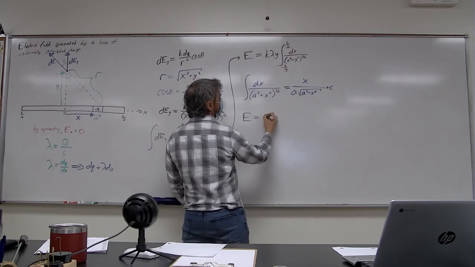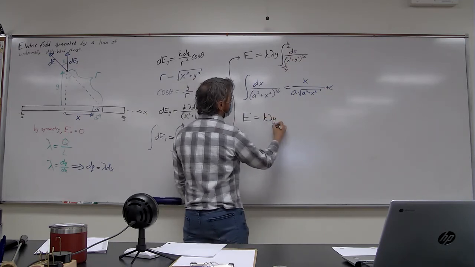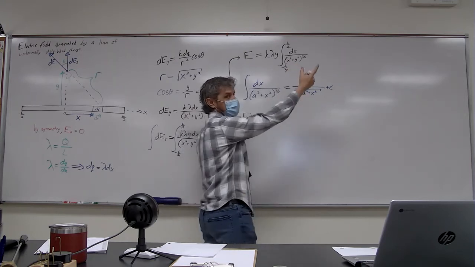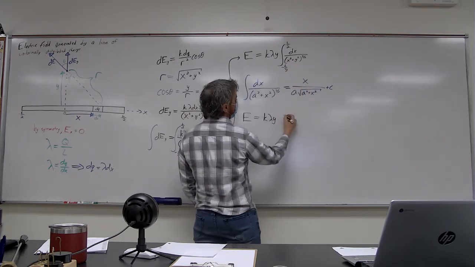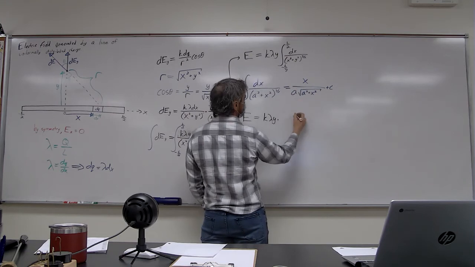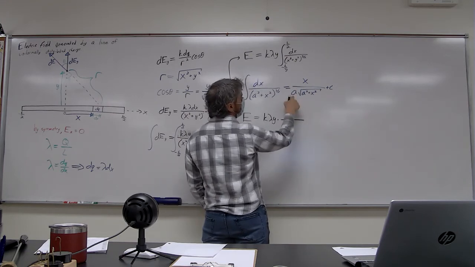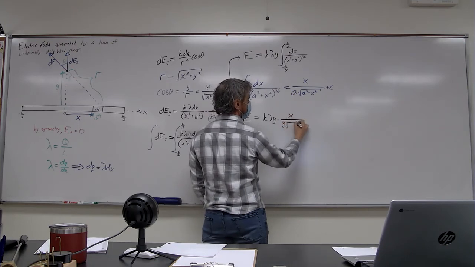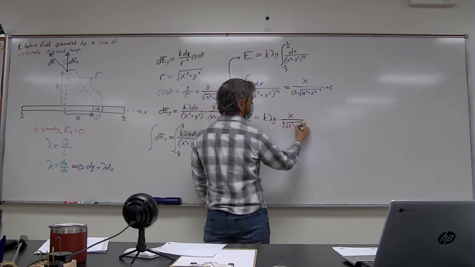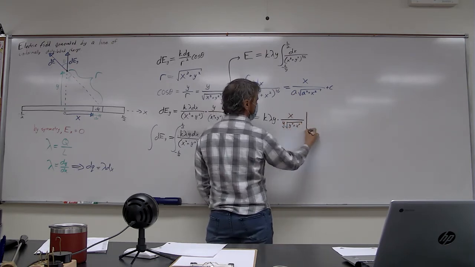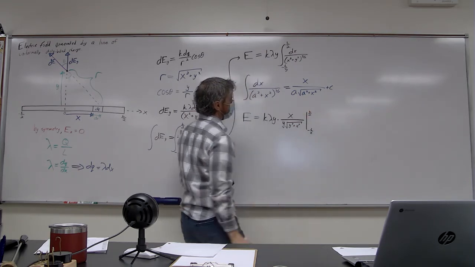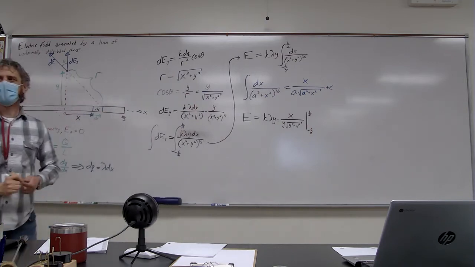The electric field will be k lambda times y, and then I've evaluated this integral just by looking it up in a table, so it'll be times x over, what takes a's place in this? Y, times the square root of y squared plus x squared, evaluated from negative L over 2 to L over 2. I just did that integral by looking it up.